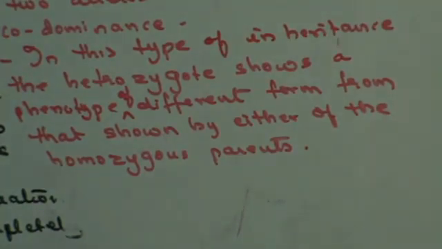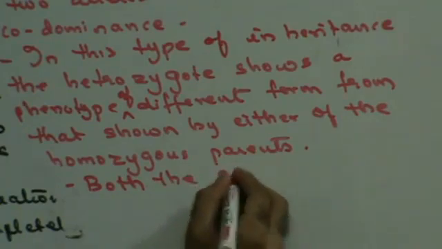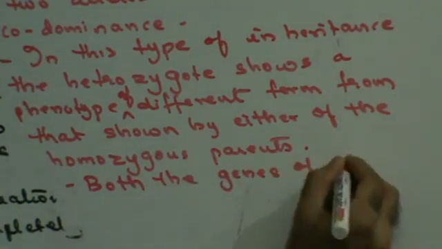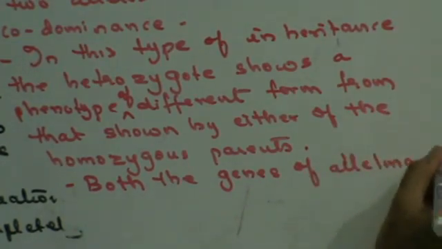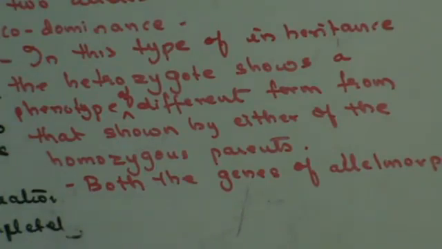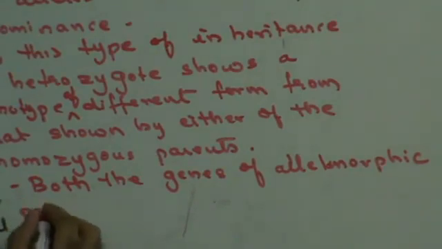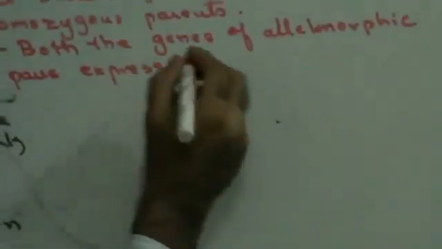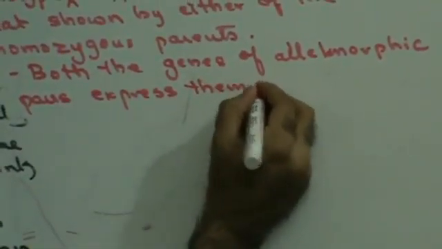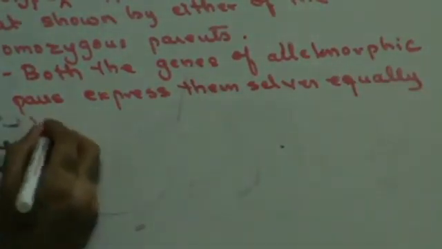Now, both the genes of the allelomorphic pair express themselves equally in the F1 generation.